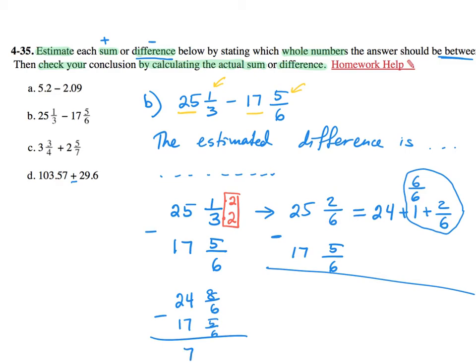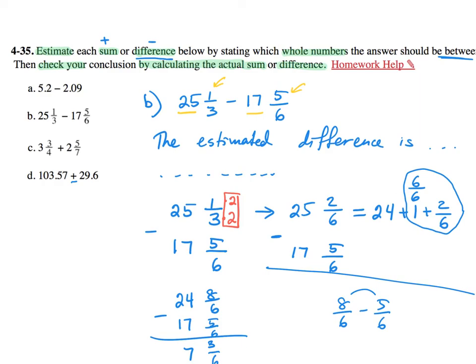And then 8 6, I'm just going to write on the side, minus 5 6. Remember, the 6 stays as a common denominator. And then we go 8 minus 5, that gives me 3. So we're getting 7 and 3 6. And then 3 6 could be reduced. So that will be 1/2. So my final answer is 7 and 1/2.